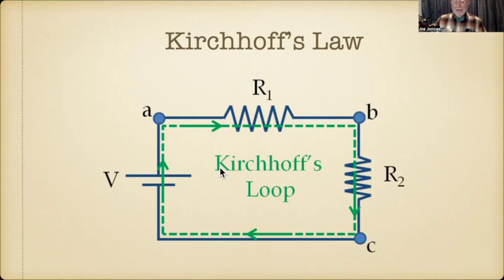25 milliamps. E is 5 divided by 200, which equals 0.025 amps, or 25 milliamps. So if the current's the same in every one of these, what's the voltage across R2, which is 100 ohms? 2.5 volts.